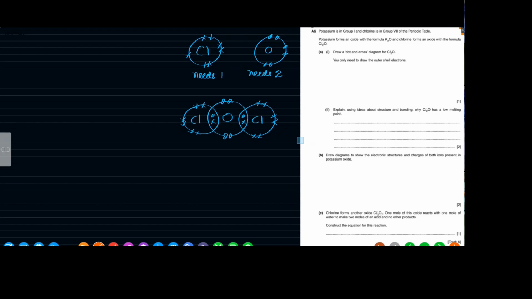Explain using ideas about the structure and bonding why Cl2O has a low melting point, right? The reason is, this is the first thing you must write here: this is a simple molecular structure. The molecules have weak forces of attraction.